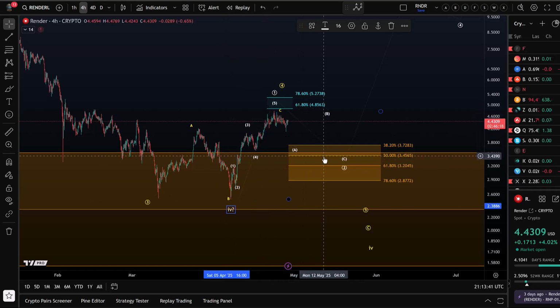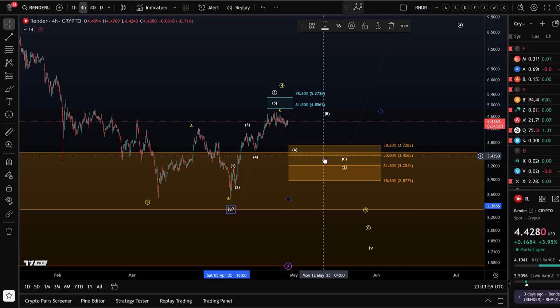Now, the price needs to form a higher low. If the price now gives us a deeper pullback, which could be circle wave 2 in the white scenario, and the pullback at the moment, at least, looks corrective, which means there is no evidence that a more substantial top has formed.